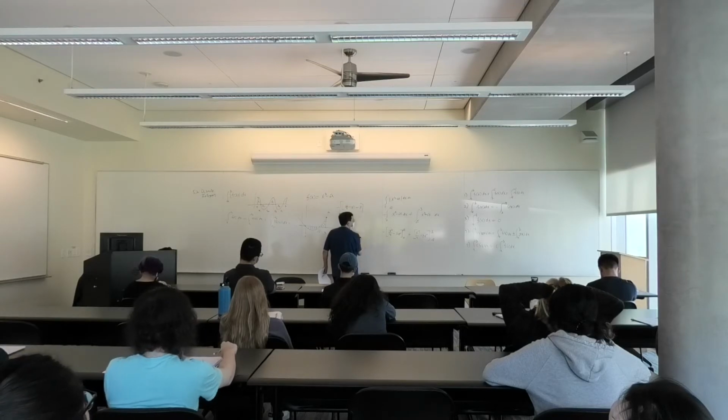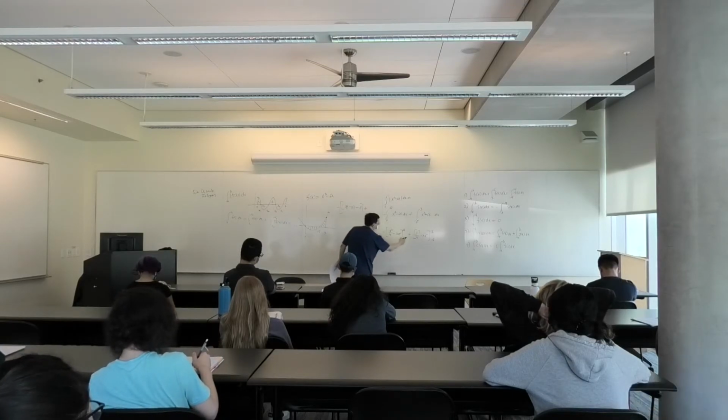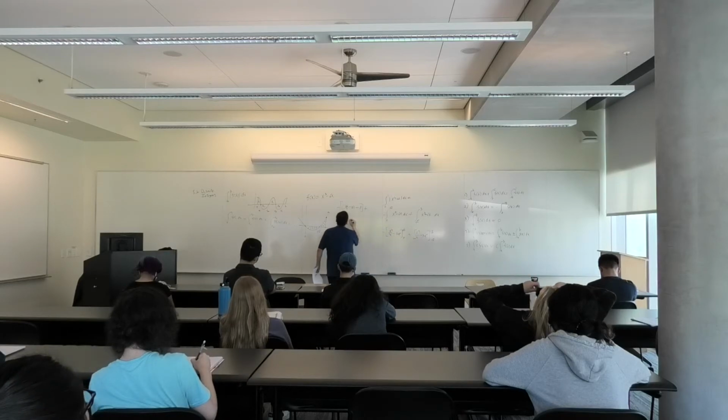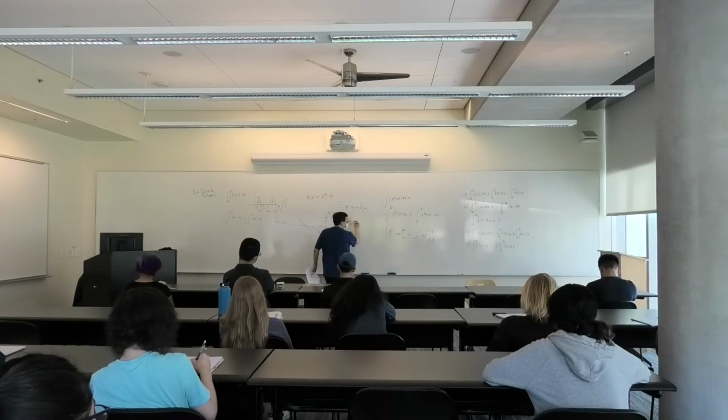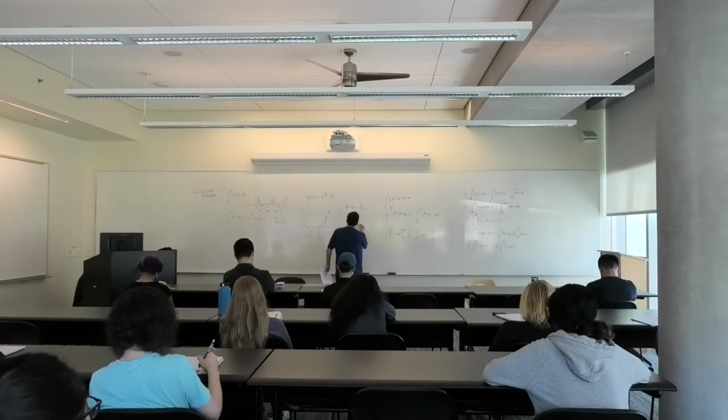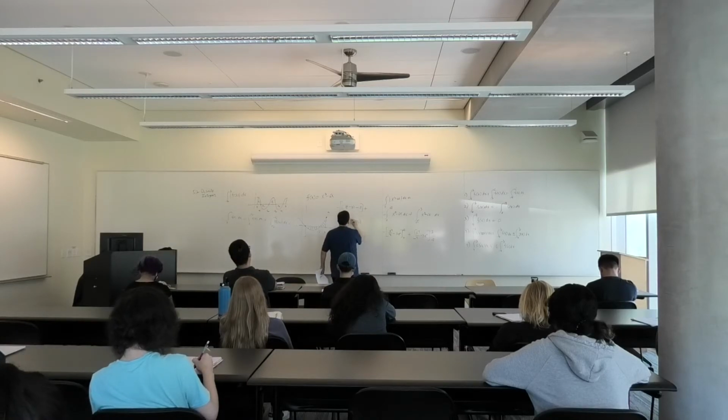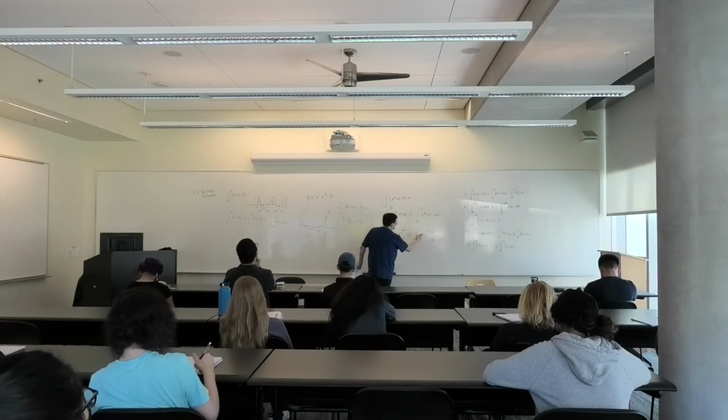That's fine. Plus 81 over 4, minus 27, minus, now we have to subtract this.